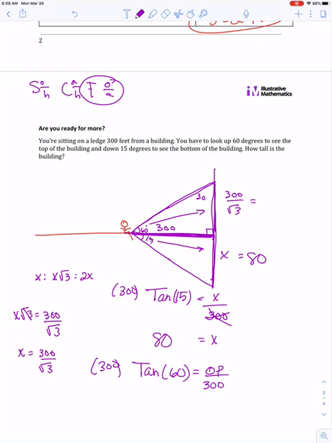So this side's going to be 520 feet. So then we want to add those two together, because remember, we want the total height from here to here. And so 520 plus 80. So this building was 600 feet tall if we were sitting on a ledge looking up and down like that.